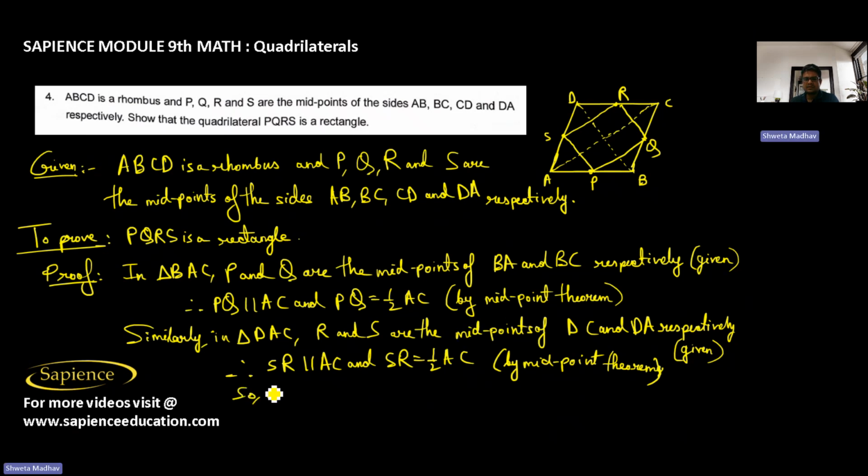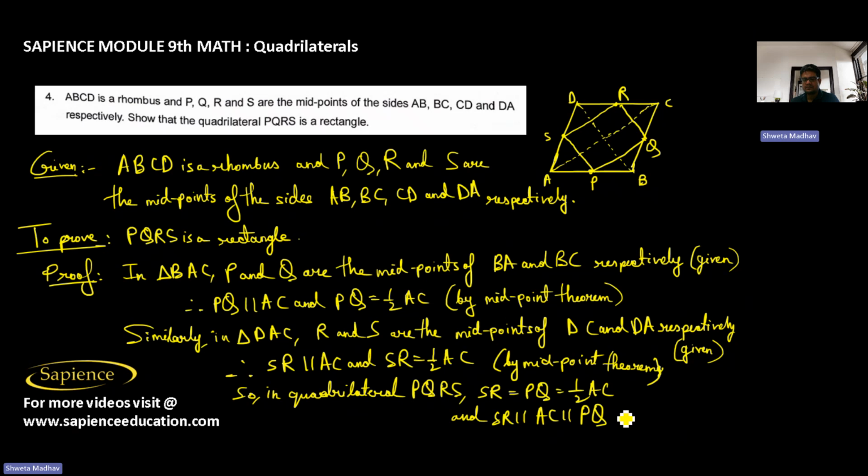So hence we can say that in quadrilateral PQRS, SR is equal to PQ, which is equal to half of AC. And obviously SR is parallel to AC, which is parallel to PQ. That's why it is proved above.